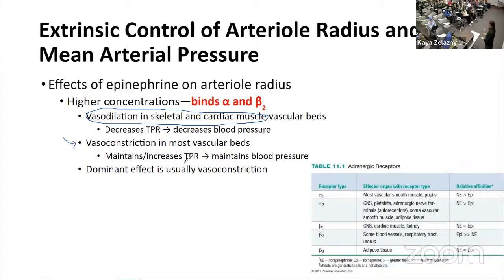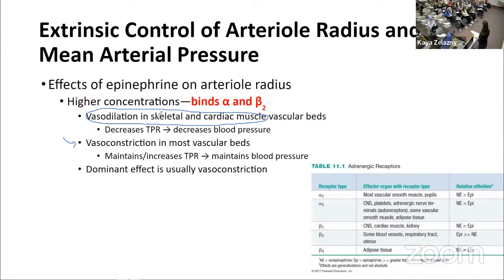Because if epinephrine goes to skeletal and cardiac muscle beta 2 receptors, they dilate, you get a lot of blood flow, your blood pressure's dropping, you would fall over if you don't make up for that, right? Dropping blood pressure is going to cause dizziness, falls, as we saw that man at the beginning explaining to us his issues with blood pressure, right?